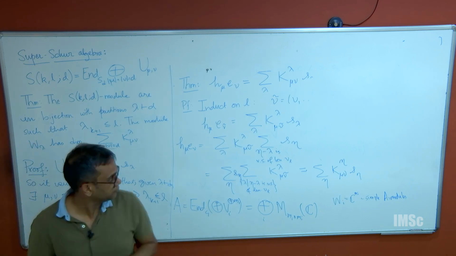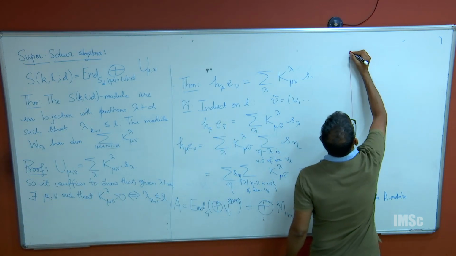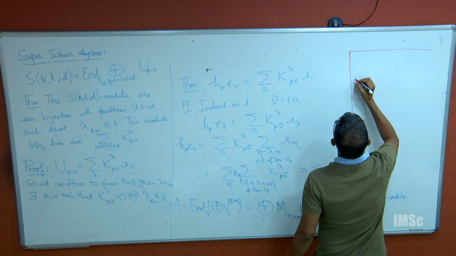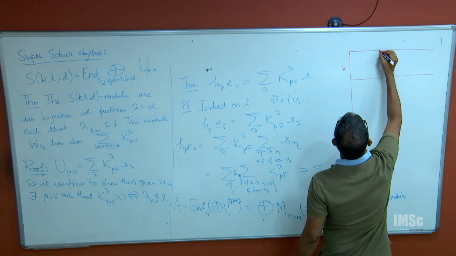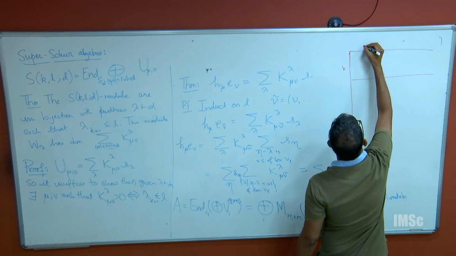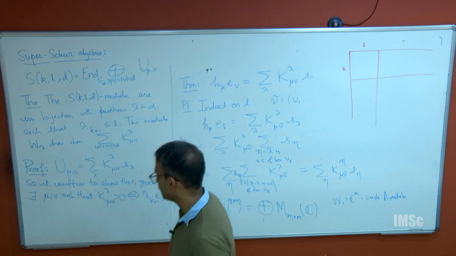Hook shaped region. So you take here K and you take here L and you take this region.